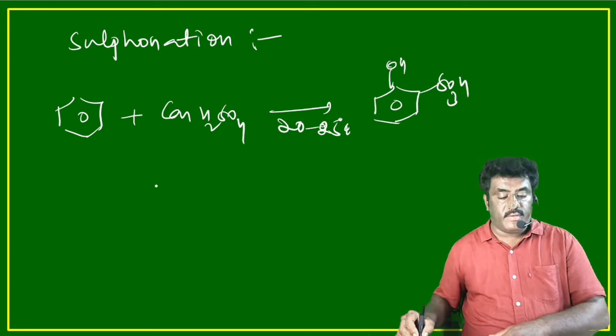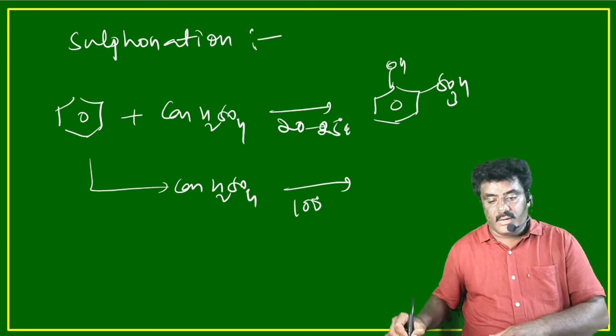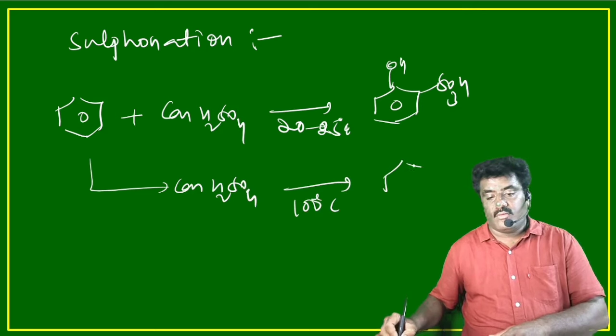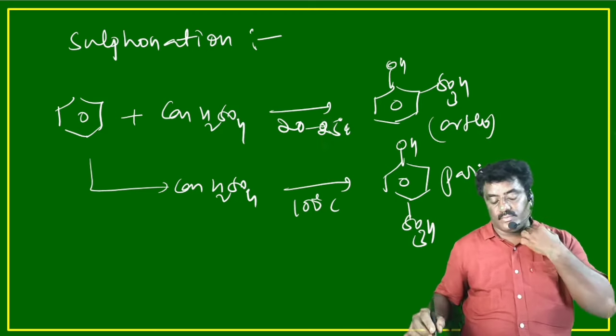When it is treated with concentrated H2SO4 at 100 degrees Celsius, it forms the para product. It is an ortho product, it is a para product.